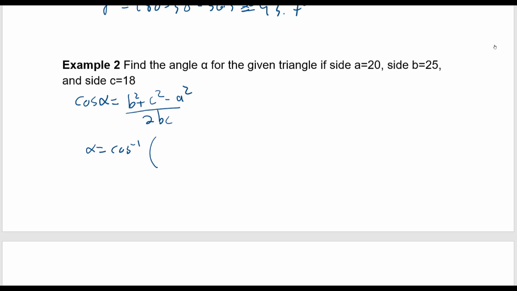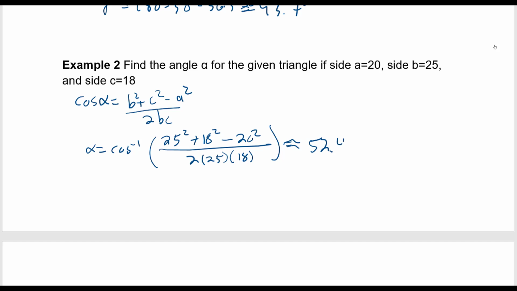So our b is 25, so 25 squared plus 18 squared, that's our c squared, minus the a, which is 20, we're going to square that, divide everything by 2 times 25 times 18. Now, one thing I want to point out about this, I would make sure I did parentheses for the numerator and parentheses for the denominator between the division, if you're doing this on the calculator. And what we get out of this is approximately 52.4 degrees.